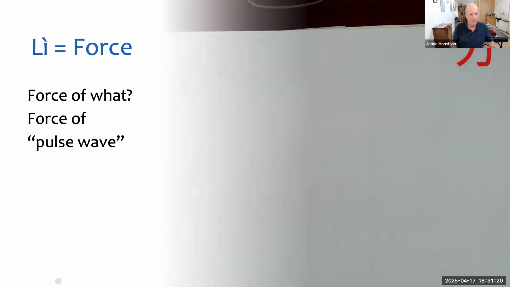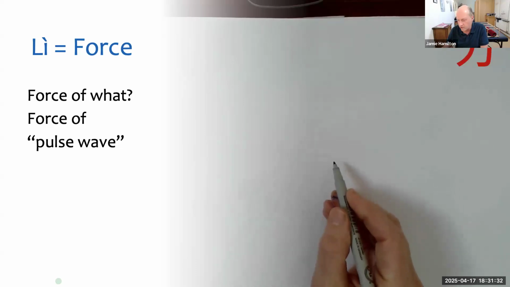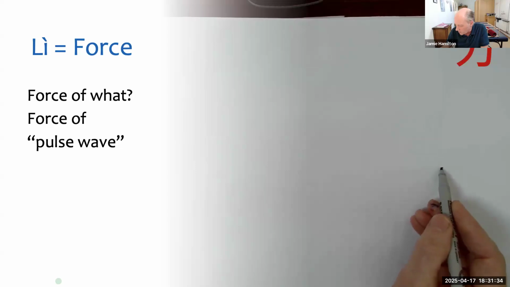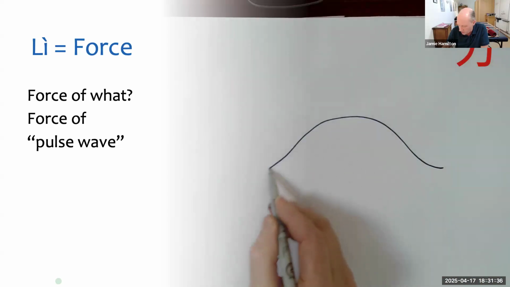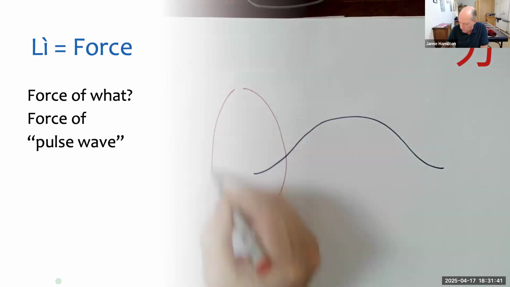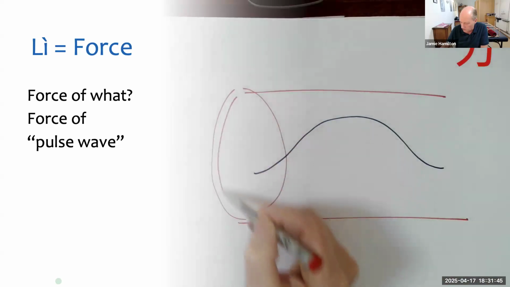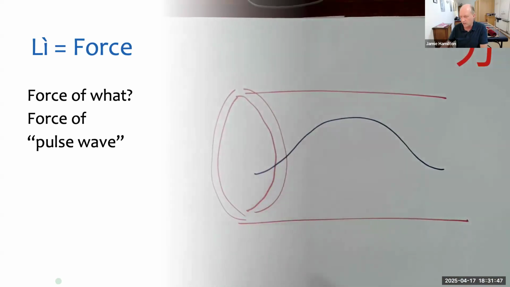When we have this word li or force, we may be wondering what are we experiencing? What is it a force of? So my suggestion is that inside our artery, and of course I've been describing to you the fact that we are feeling an artery, that is totally still the case in what I'm going to be saying.